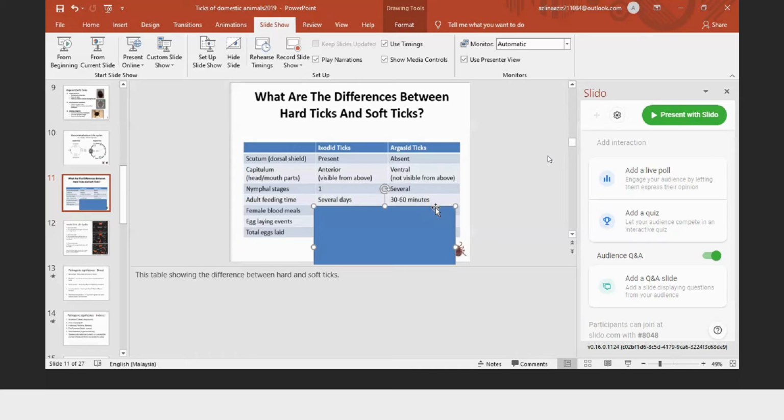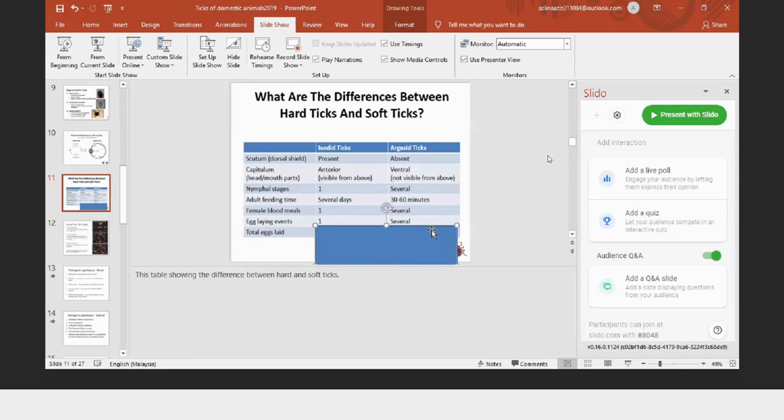How about the female blood meal? Okay, the female in Ixodidae feeds only one time and then it lays eggs and dies off. How about the Argasidae? It feeds several times and then lays eggs several times, and only after that does it die.